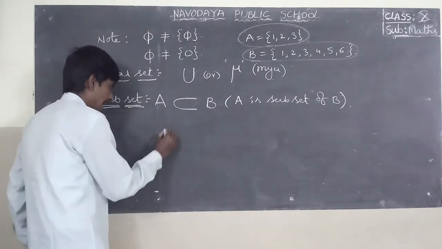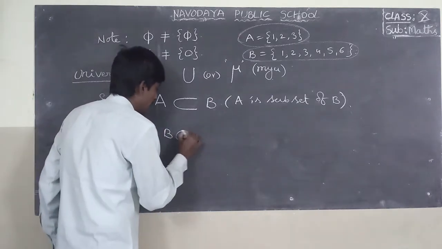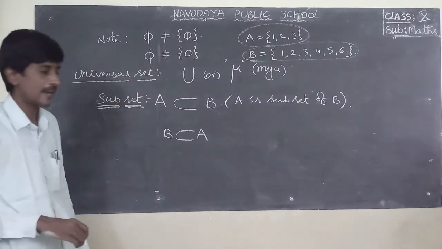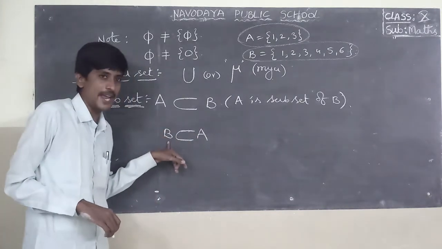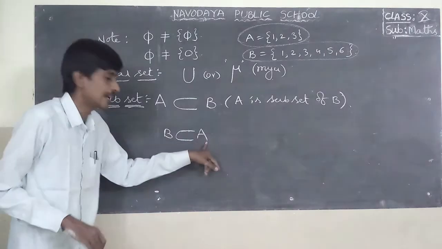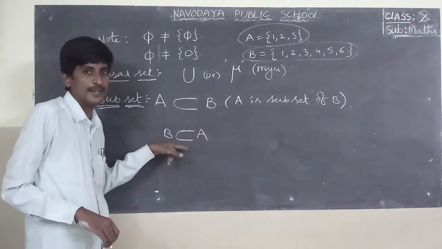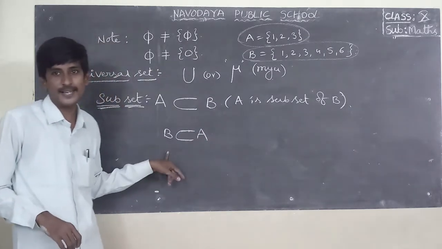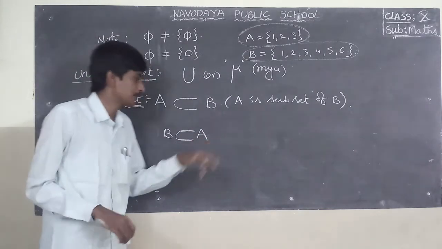For example, B is subset of A means the elements in B are elements of A.